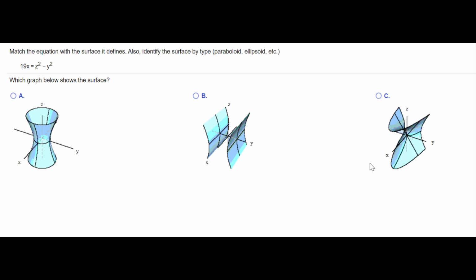But then let's work on the parabolas. You have x equals z squared. So x equals z squared is going to be a parabola in the xz plane. So does that make sense? It's this front part here. So this black curve right here, that is a parabola in the xz plane.